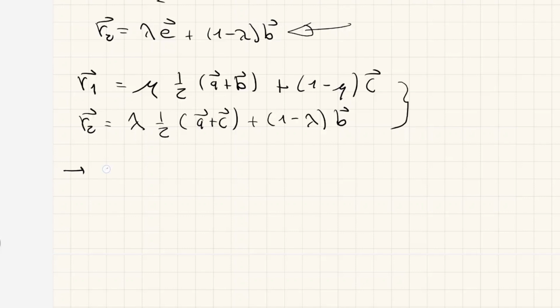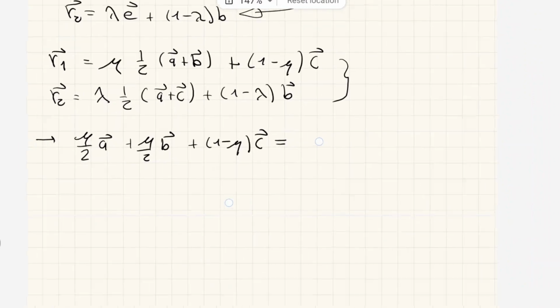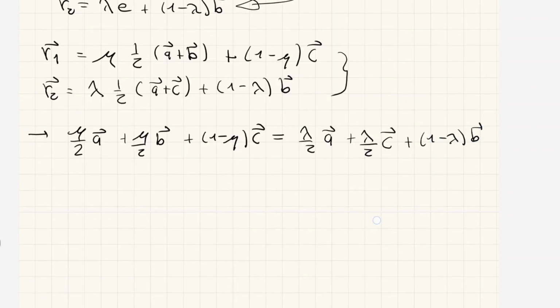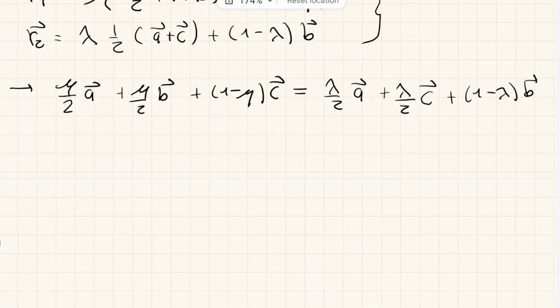It will be mu divided by 2 times A plus mu divided by 2 times B plus (1 minus mu) times C. And this is going to be equal to lambda divided by 2 times A plus lambda divided by 2 times C plus (1 minus lambda) times B.